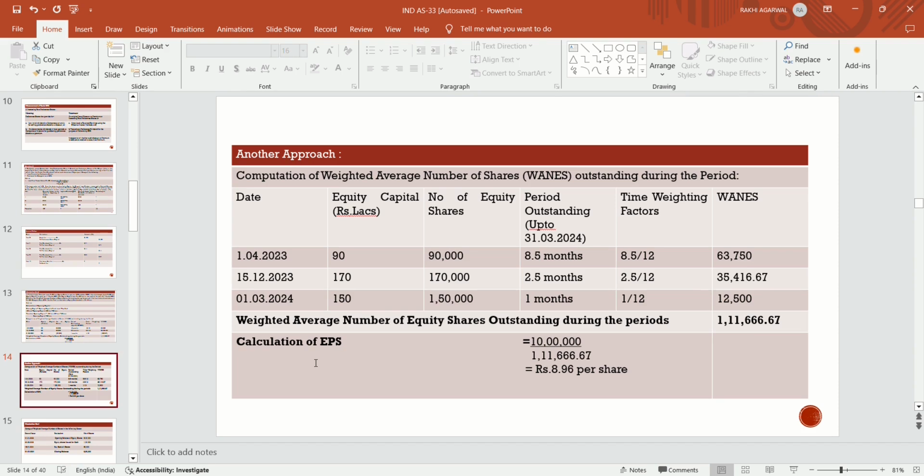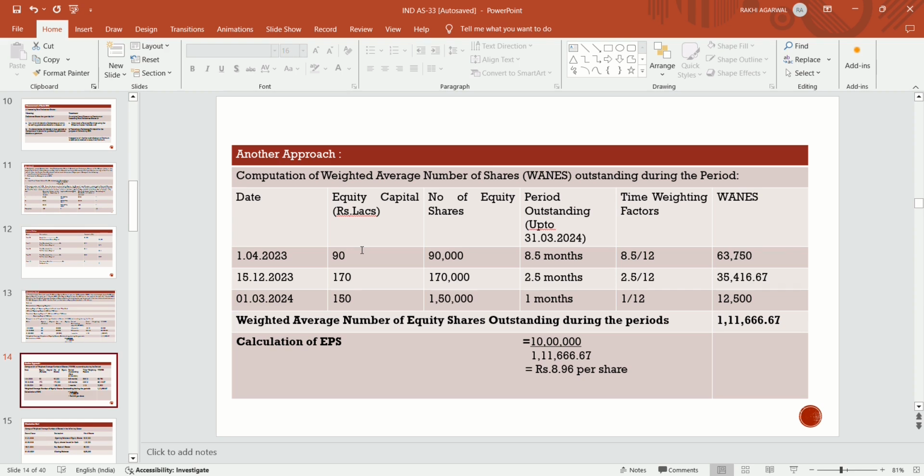Another approach to calculate the weighted average number of shares: on 1st April 2023, the number of equity shares is 90,000 for a period of 8.5 months, from April, May, June, July, August, September, October, November and half a month of December. After that, the entity issued a fresh issue.